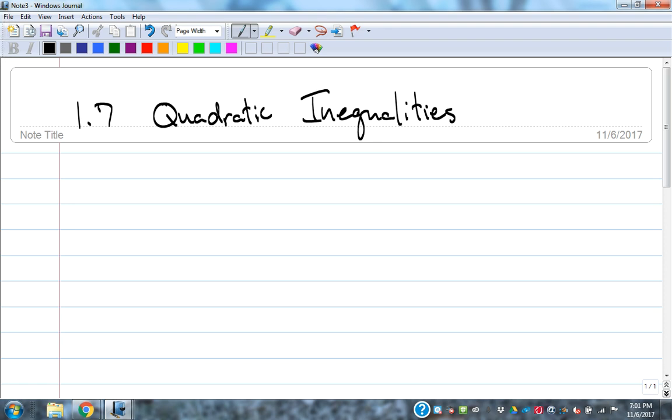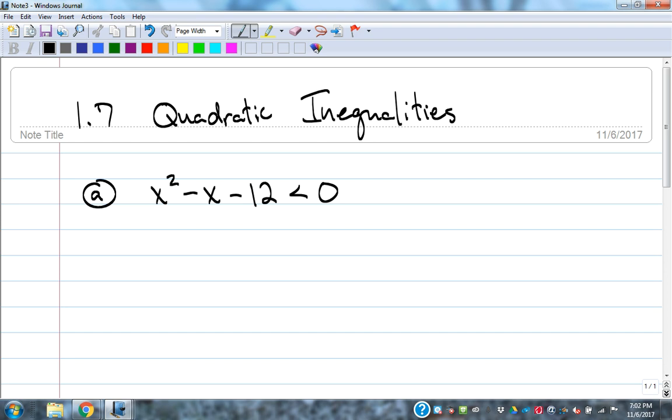But all right, quadratic inequalities. Let's start with just an example. There's really no better way to do this than show you some examples. So we've got a quadratic, and instead of having it equal to 0, we've got an inequality symbol here.